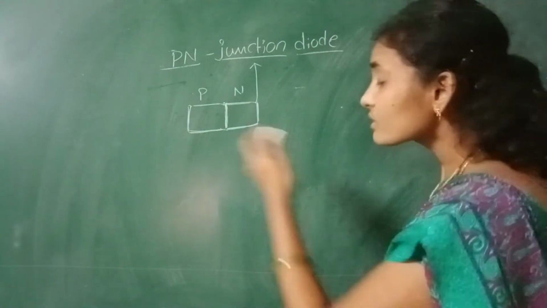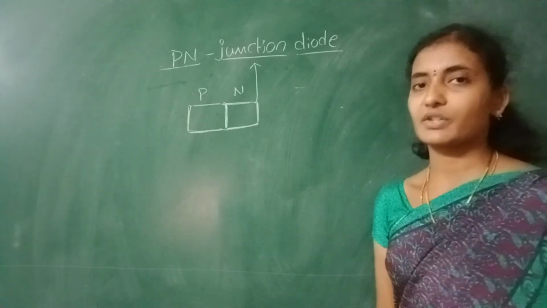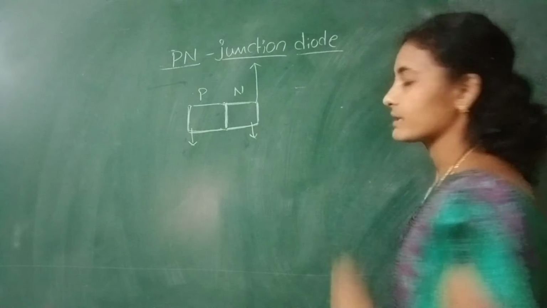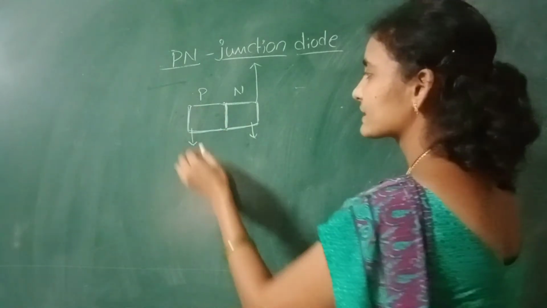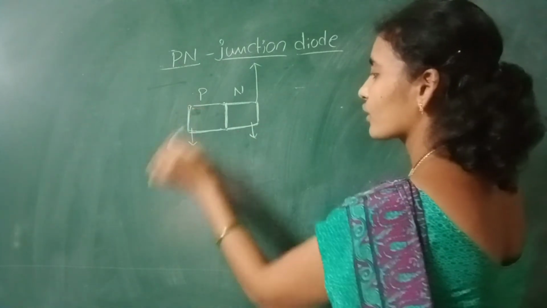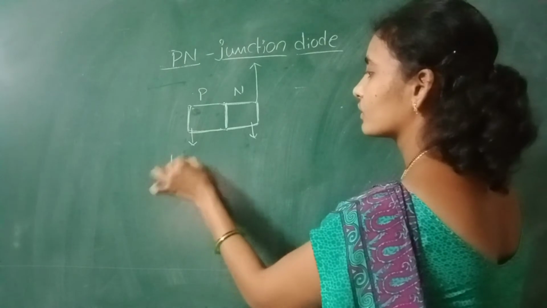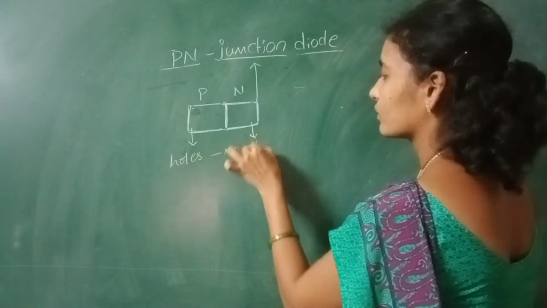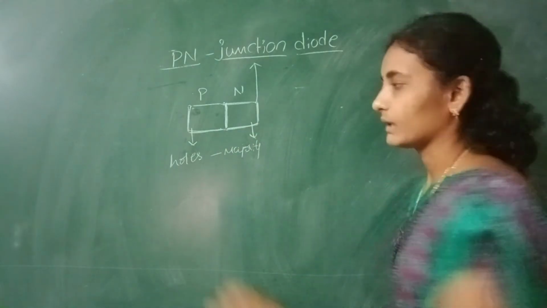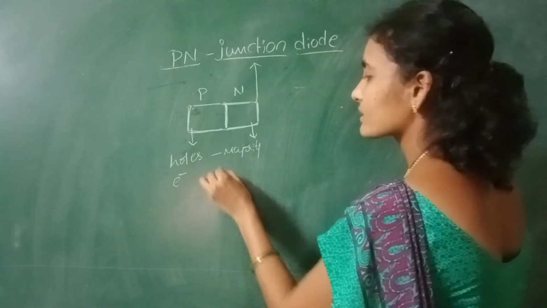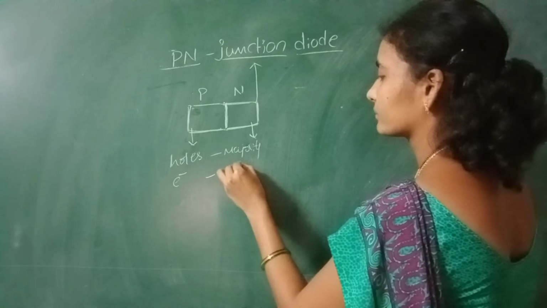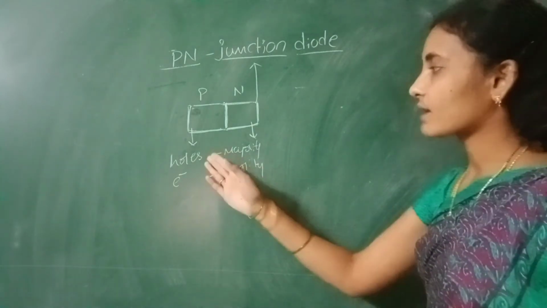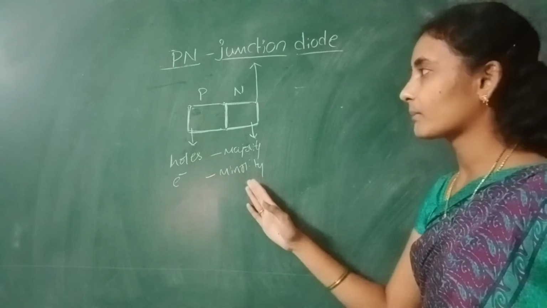Coming to the operation of the PN junction diode, there are the P region and the N region. The P region has holes as the majority carriers and electrons are the minority.